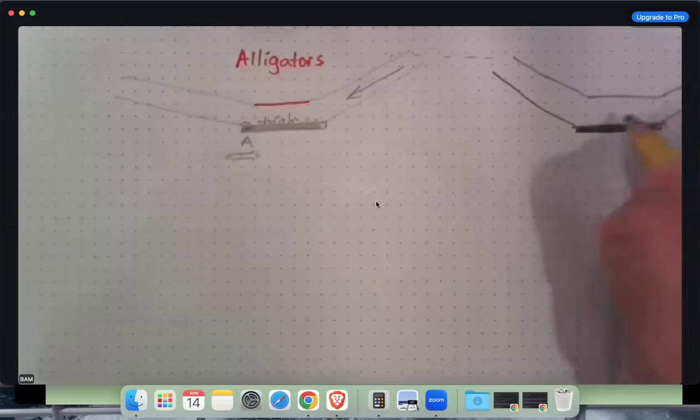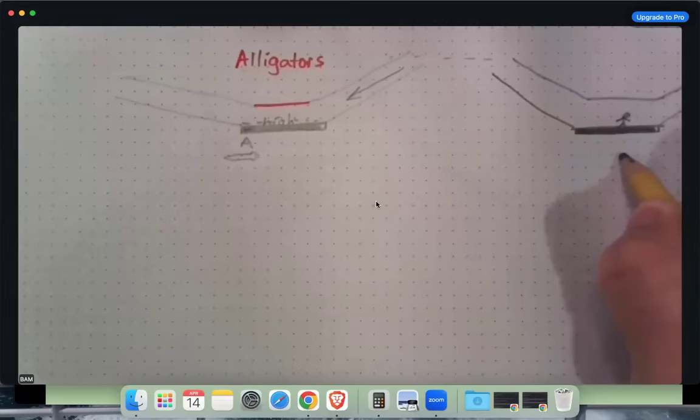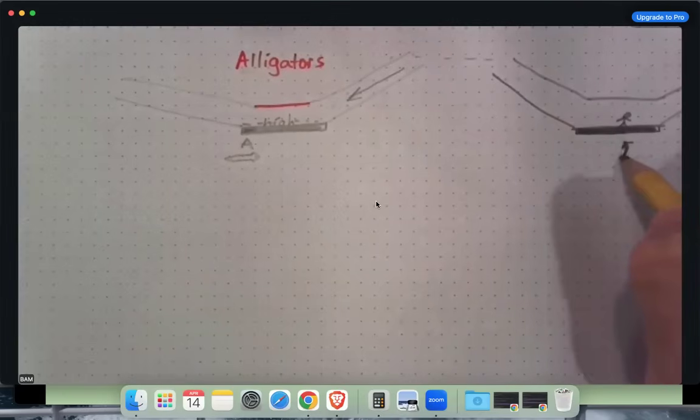But then I was a little over halfway down, right about here, and a gator started jumping out of the water at me. But I was still safe because I was about 1.5 meters above the water level. I had not seen that one. I don't know where he came from.